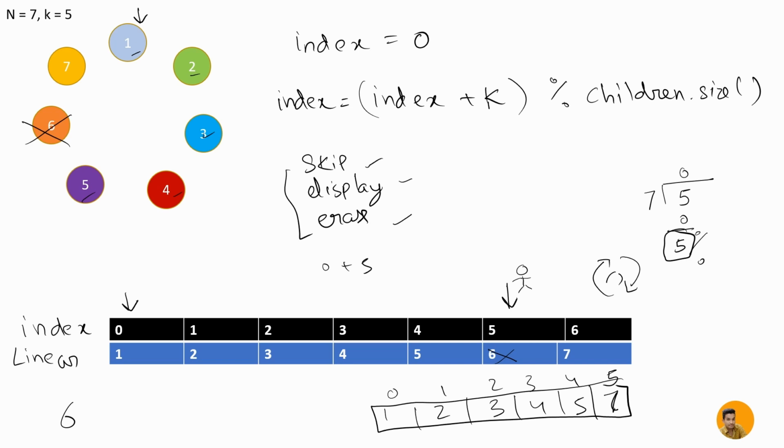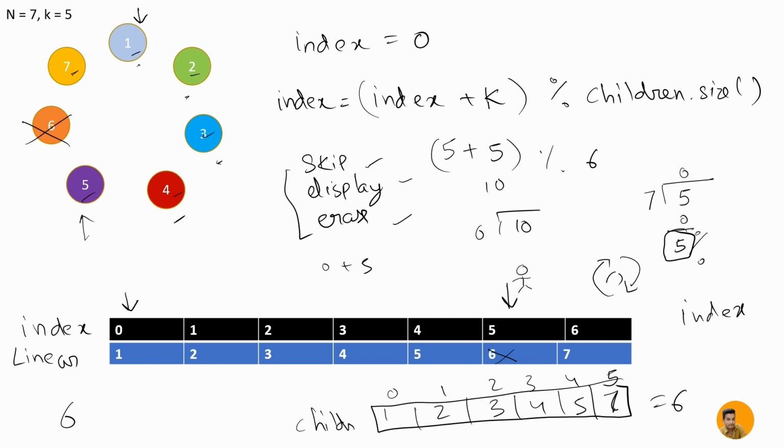Now you need to skip 1, 2, 3, 4, 5, and you need to display 5. How are you going to skip? Index is 5 currently, right? So 5 plus 5, k is 5, will give you 10. And what is the children dot size? This is our new children array because we have removed 6, so 6 elements are present. So 10 mod 6 will give you 4.